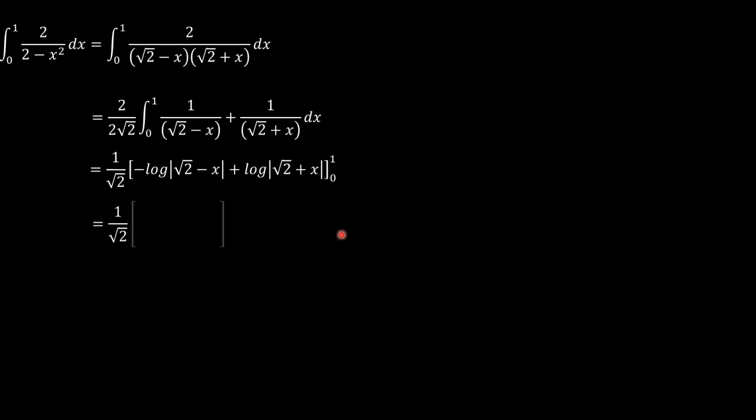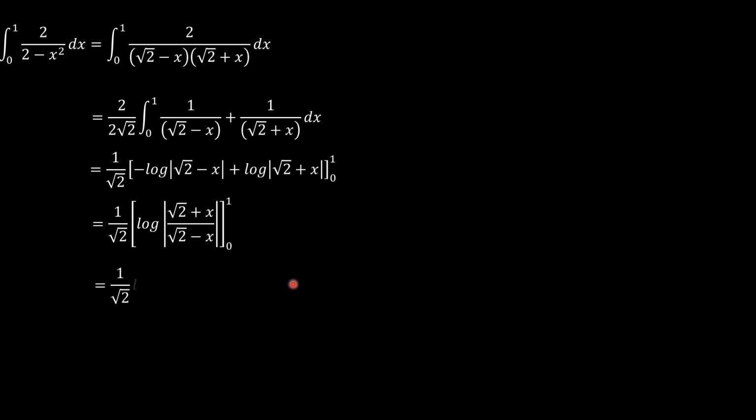So going down, it's the same as 1 over square root of 2 times the absolute value of square root of 2 plus x over the absolute value of square root of 2 minus x, because we're using just the laws of logarithms. So when there's a subtraction, it means you're dividing whatever is inside the log function.